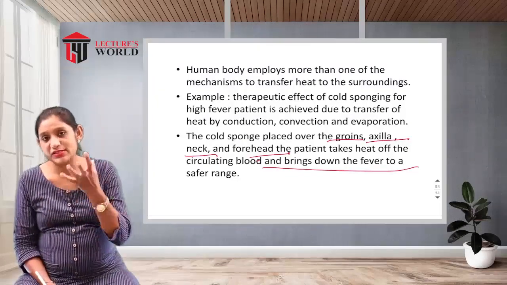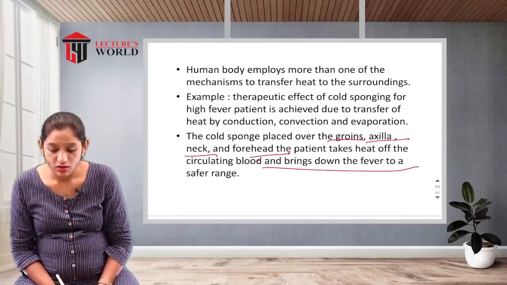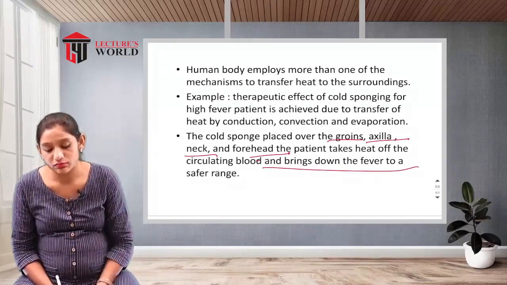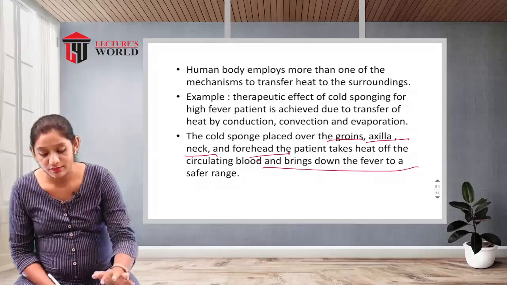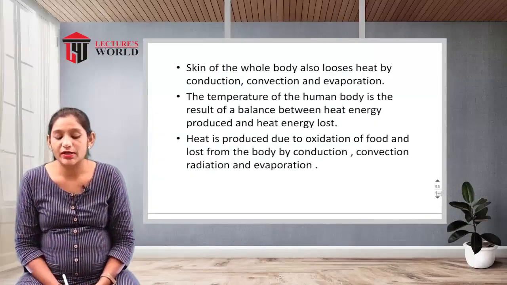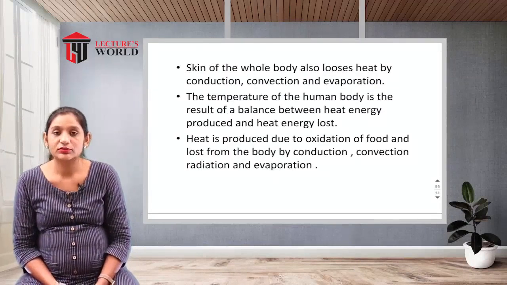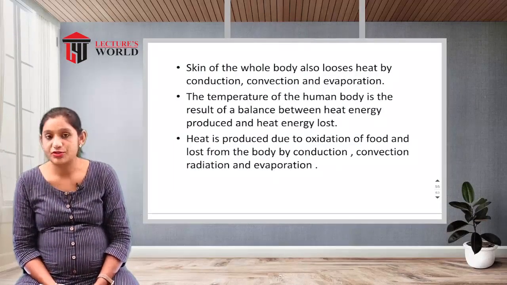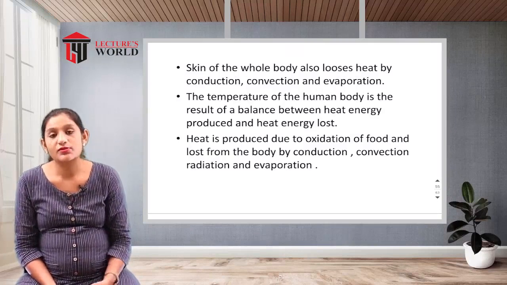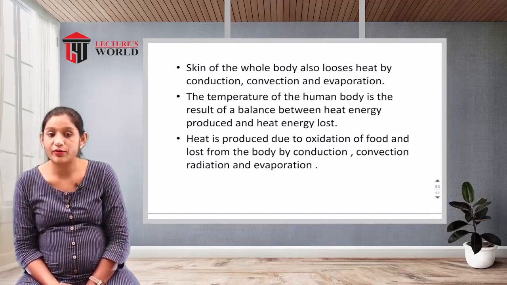The patient takes heat from the circulating blood and brings the fever down to a safer range. The skin of the whole body also loses heat by conduction, convection and evaporation.